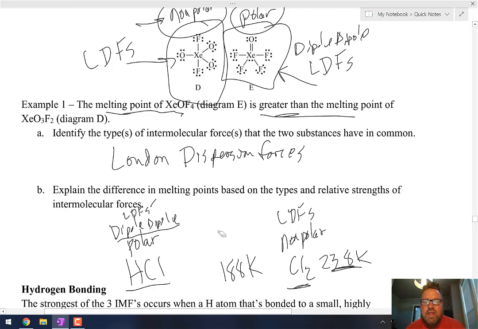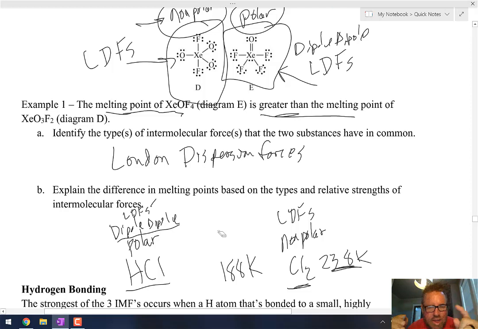I would say that Cl2 has the higher boiling point because even though HCl is polar and has dipole-dipole forces, the London dispersion forces in Cl2 are much stronger because they have to be, right? They have the higher boiling point.